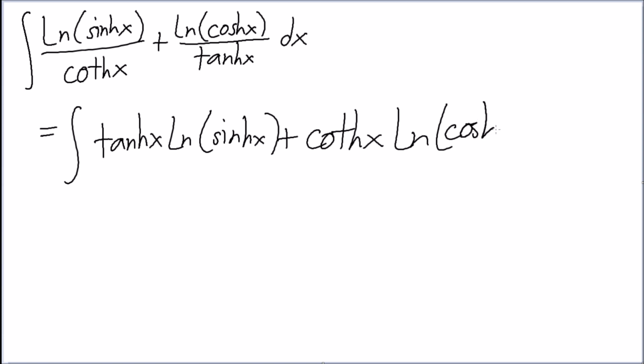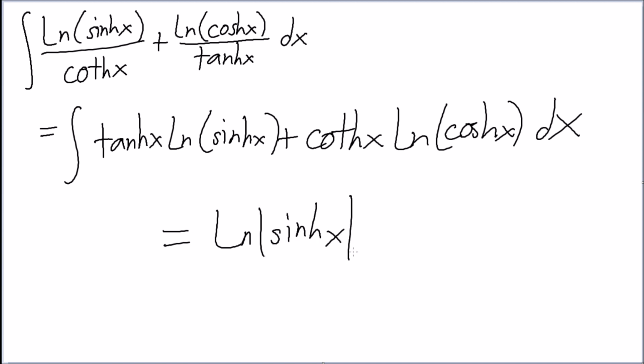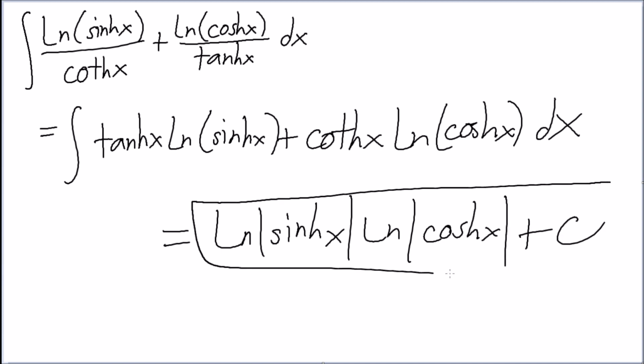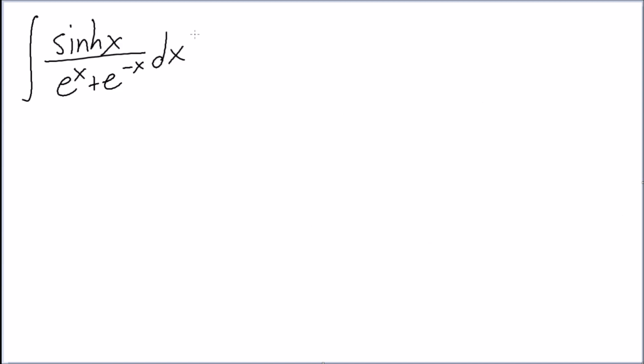This is the reverse product rule. What that means is this just simply equals ln of sinh x times ln cosh x plus c, and we're good. Okay, so again, it looks very weird.